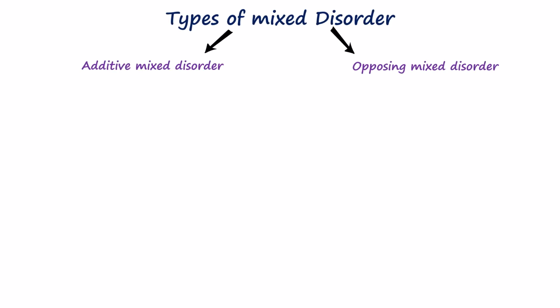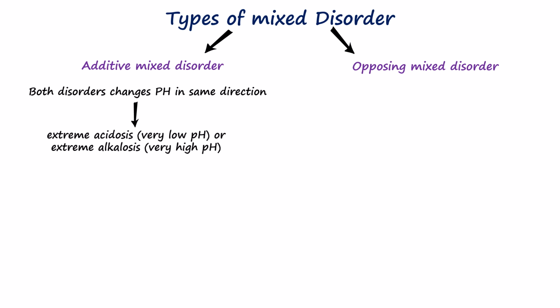Now, leaving these causes aside, we can simplify mixed disorders into two main types based on how the primary disturbances interact. The first one is the additive mixed disorder, which occurs when both disturbances push the pH in the same direction, resulting in either extreme acidosis or extreme alkalosis. For example, respiratory acidosis and metabolic acidosis can occur together, leading to a life-threatening pH drop.